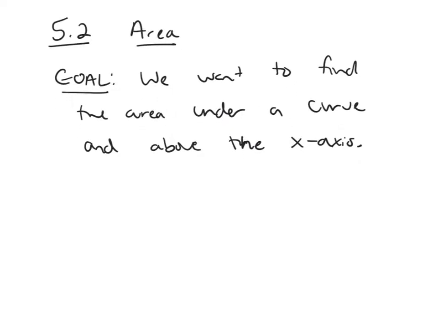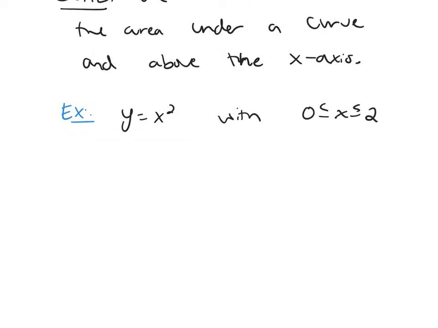So let's look at an example of a curve. Let's say we want y equals x squared, and I'm going to focus in on x being between 0 and 2. So we can graph this part of a parabola, and we only want the right-hand portion of the parabola.